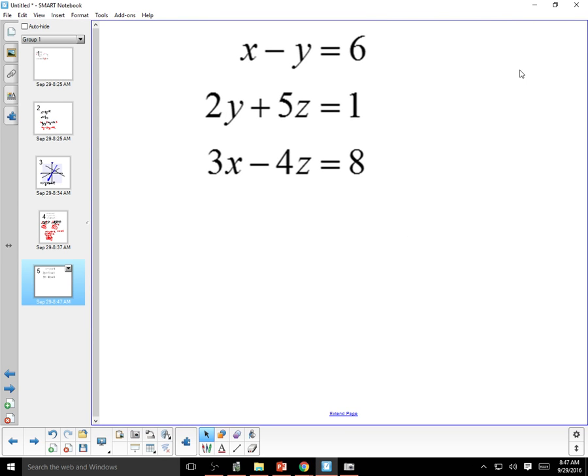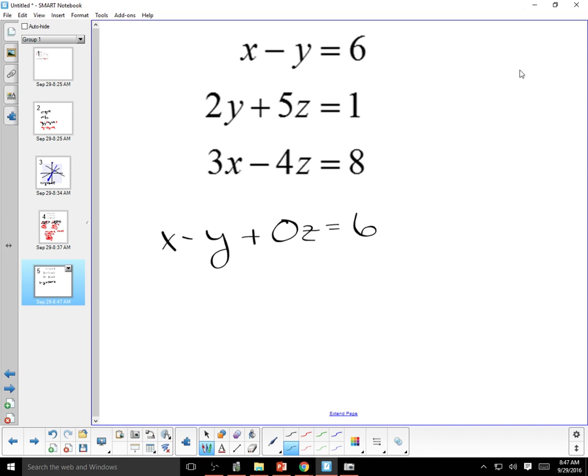You see that? The top one is x minus y. This one is 2y plus 5z. It's missing x. And this one is missing y. Here's how you rewrite it so that you have all of them. So you have x minus y plus 0z equals 6. What have I added to this equation? Nothing. But now I got that placeholder, right?